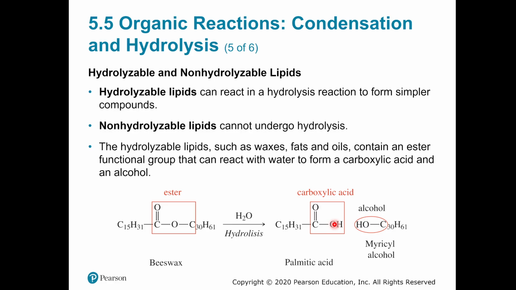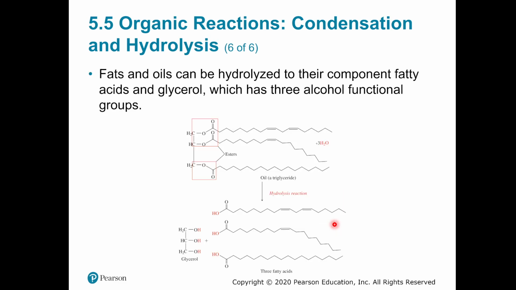That's how you actually make soap. This is a typical example of a fat or oil that can be hydrolyzed. It has glycerol here, which is this head part, and then 3 fatty acid chains, which split off when we do the hydrolysis reaction.